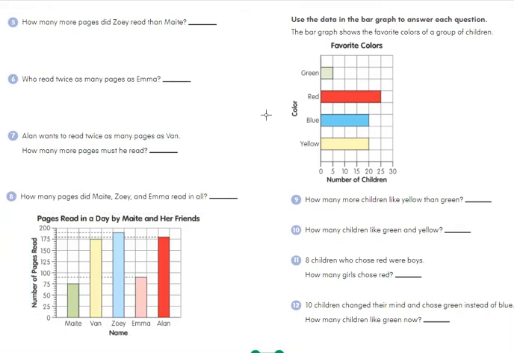All right, so I figured this out. So it says, how many more pages did Zoe read than Maddie? So I noticed those keywords, more and then, so that means I'm subtracting. So I'm going to subtract Maddie from Zoe. Zoe read 190 pages.